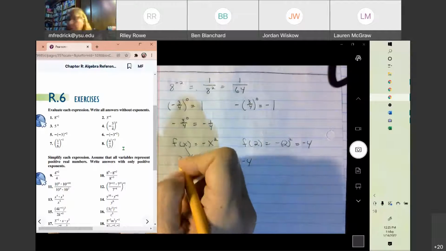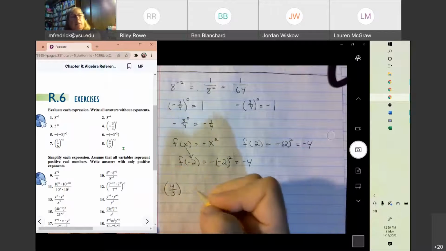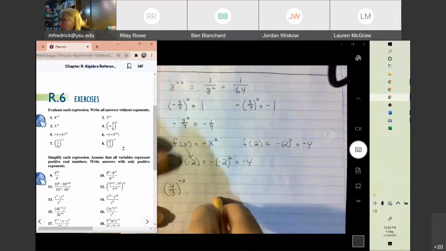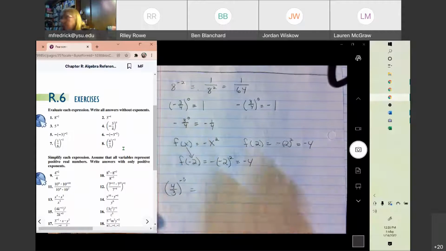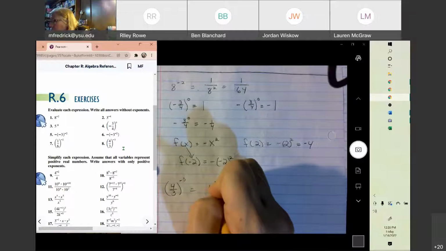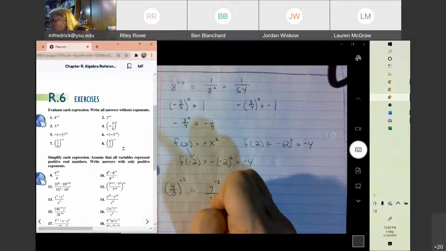Try number 8. 4/3, all right, to the negative 3. Oops, I said 2, but I wrote 3. Now, when you have a fraction with the negative exponent, move the 4 down and move the 3 up. If you wanted to rewrite it first, you could, because it's 4 to the negative 3 over 3 to the negative 3.